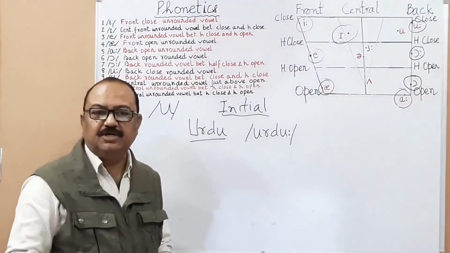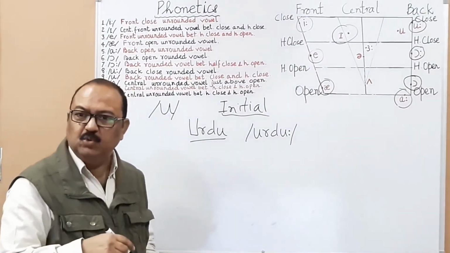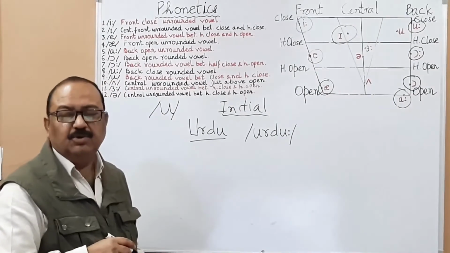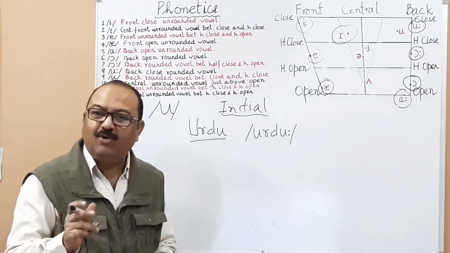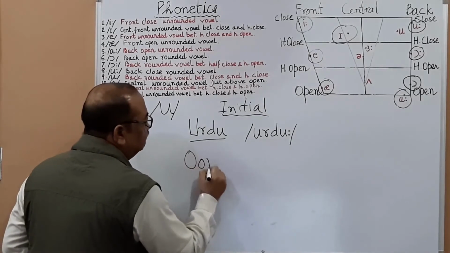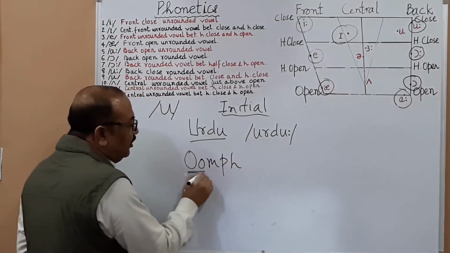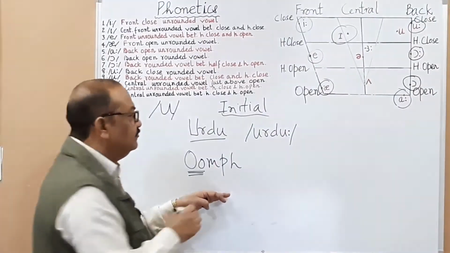And the next word that occurs to your mind, beginning with U sound, is oomph. Although you have a double O over here, this is not pronounced like the long sound, right?